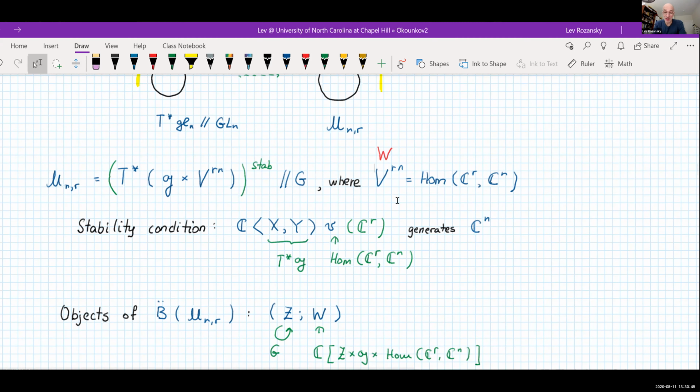So you can apply V to vectors of CR, and then you can apply powers of X and Y to V. We do not assume that they commute yet. And this should generate the whole CN. So there shouldn't be a subrepresentation. I'm saying it in a very pedestrian, technical way, that you should generate the whole CN in this way.